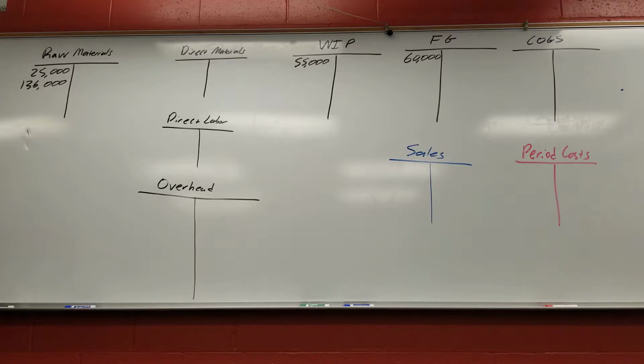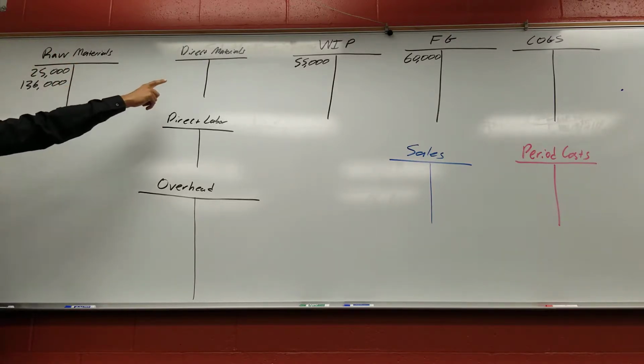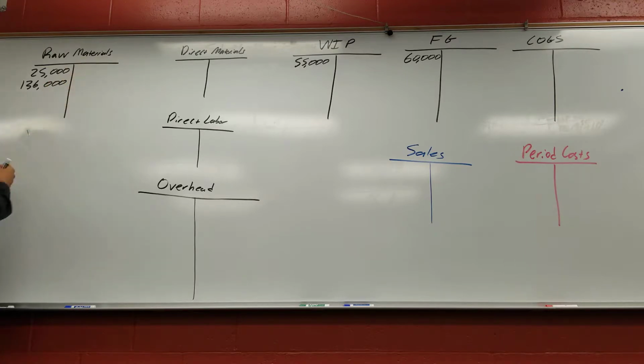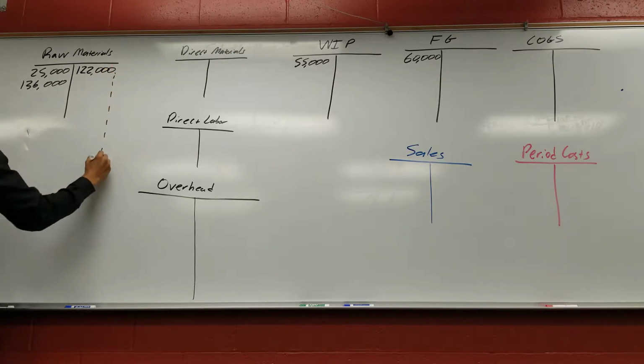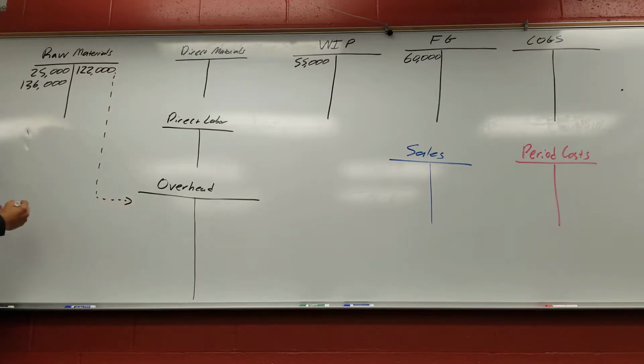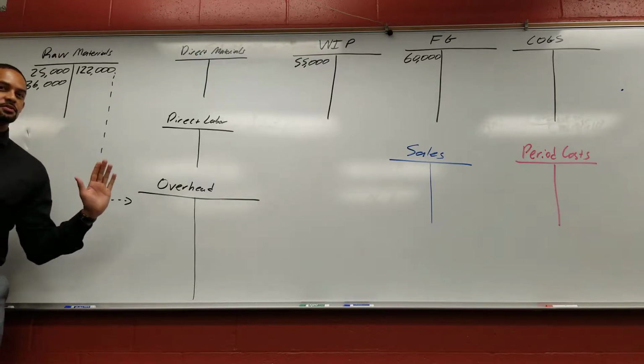So transaction B, it says they requisitioned materials at a cost of $122,000, of which $28,000 was for general factory use. Well, if that happens, that means $122,000 came out of raw materials. And of that $122,000, it said that $28,000 was used for general factory use, which means it can't be traced.